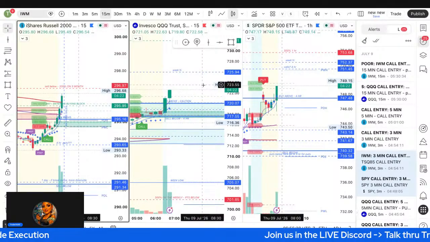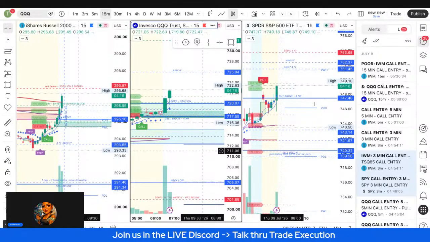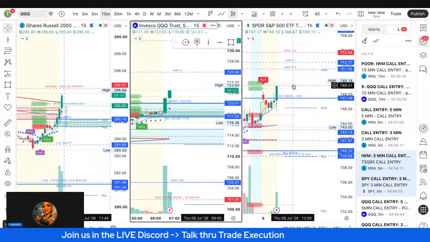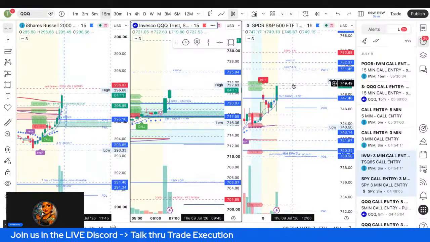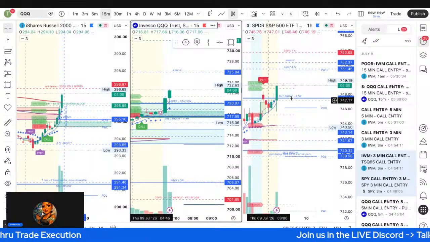QQQ is trying to go for those 2 highs. SPY is also about to invalidate the puts. The people that were in puts pre-market, they were feeling bearish on SPY.